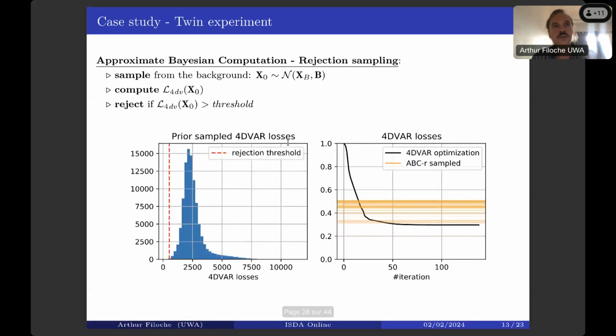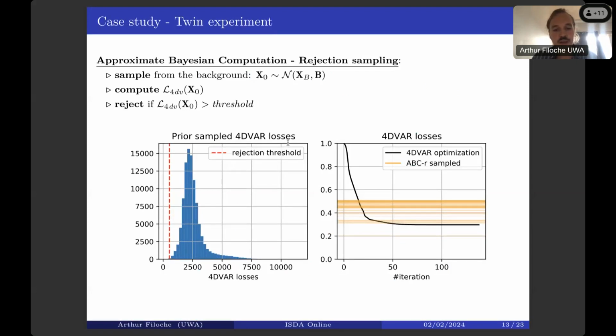Now, before looking into the results, let me just introduce a couple of algorithms to compare with. So this one is approximate Bayesian computation, rejection sampling. It's very simple. Sample from the background, compute the 4D-Var loss function, and reject if it's above a threshold. So it's very naive, and the idea is kind of to brute force the full posterior, or at least to have a grasp on the ground truth posterior.